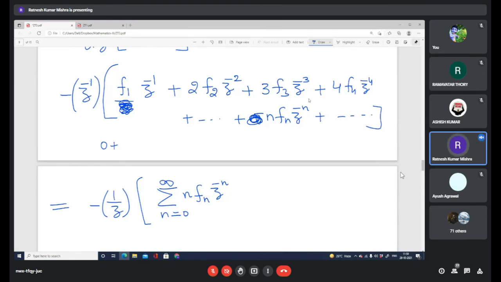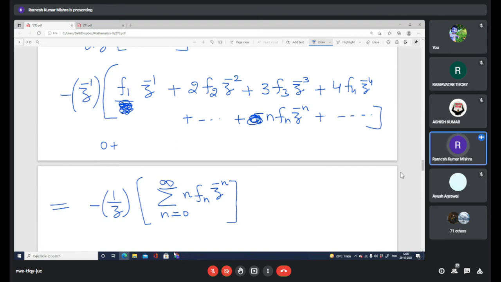N equal to 2, so 2 f2 z to the power minus 2, correct. And 3 f3 z to the power minus 3, 4 f4 and n fn. Everything is correct. So summation n equal to 0 to infinity n fn z to the power minus n. Now this is correct.